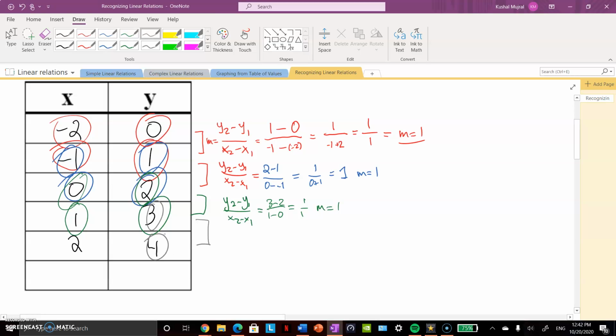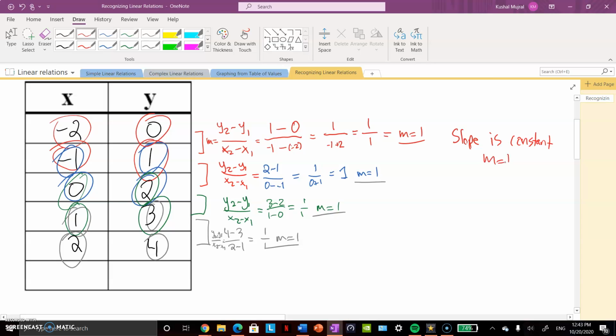Let's look at this one. This is the second y and the first y, this is the second x, this is the first x. So that is 4 minus 3 over 2 minus 1. You have to write y2 minus y1 over x2 minus x1 equals that, which is 1 over 1, so m equals 1. Because for all four of these m equals 1, that means the slope is constant.